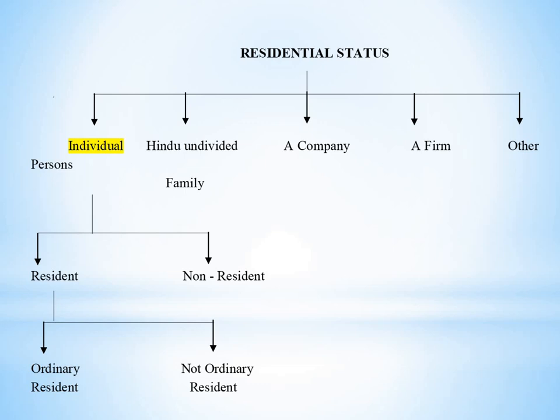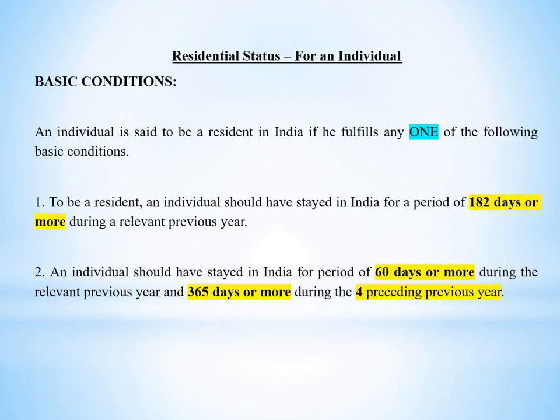Now we are going to see about the individual. What are the conditions given? Two types of conditions are given by the income tax department for an individual to be a resident: basic conditions and additional conditions. What do you mean by basic conditions? An individual is said to be a resident in India if he fulfills any one of the basic conditions.